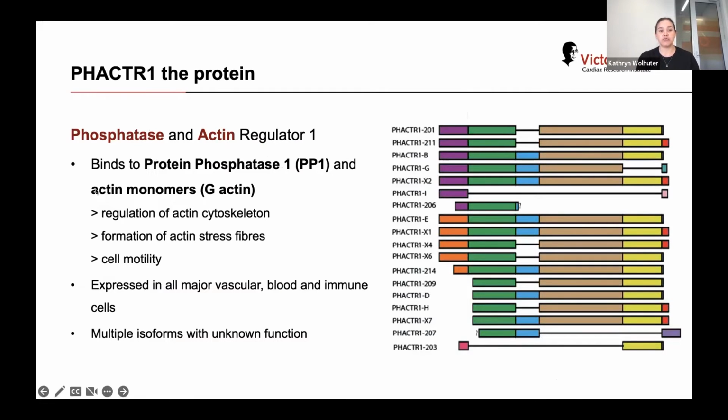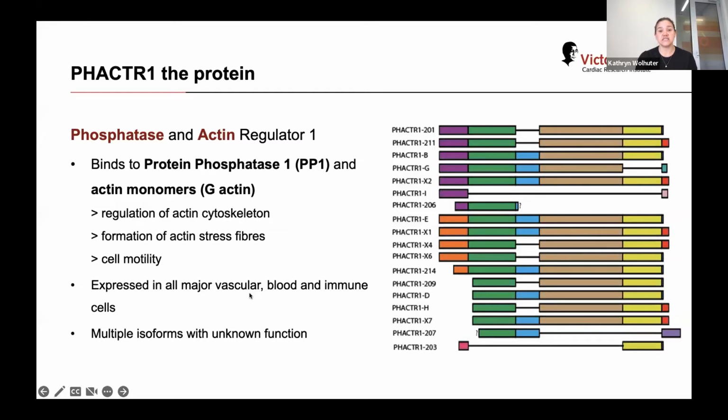But this is a reciprocal relationship with binding to G-actin. And the binding to G-actin and PP1 is known to regulate the actin cytoskeleton, stress fiber formation, which together regulate cell motility.